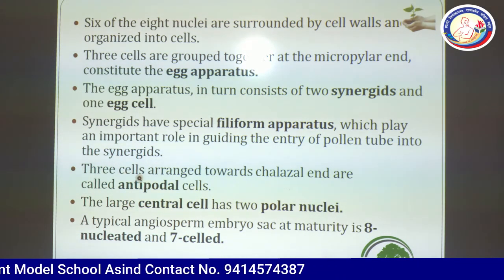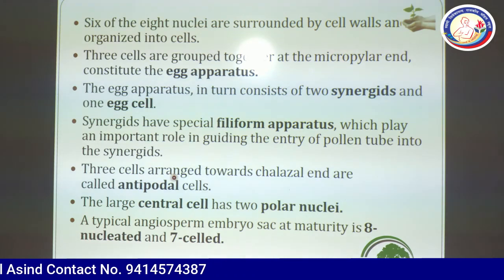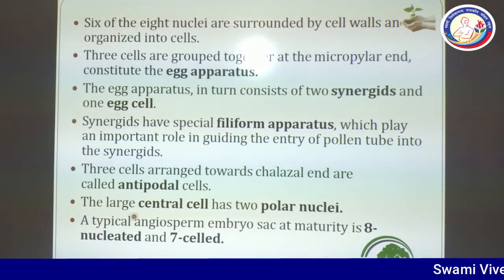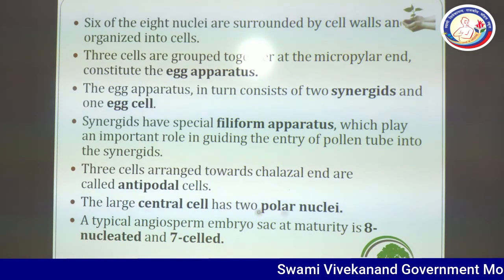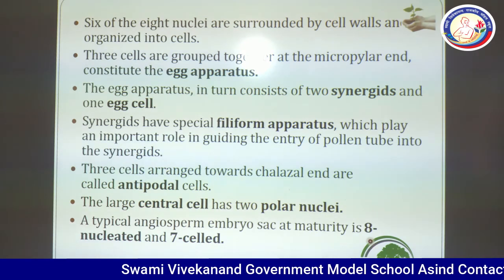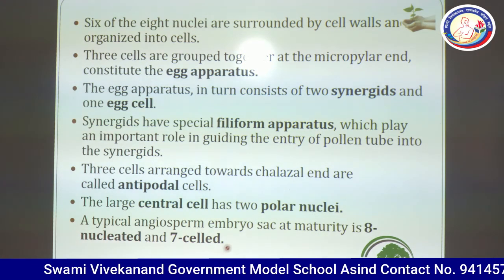3 cells which are arranged towards the chalazal end are called antipodal cells. The large central cell has 2 polar nuclei. So, a typical angiosperm embryo sac at maturity is 8-nucleated and 7-celled.